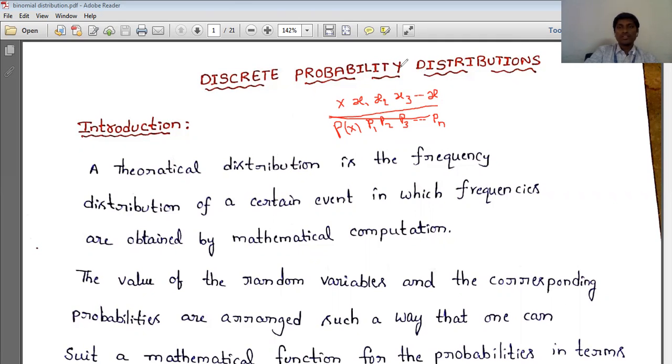In that, different discrete distributions we are going to learn. First we'll see what is meant exactly by that. So theoretical distributions are probability distributions, both are the same. You can call it theoretical distributions, or simply probability distributions.